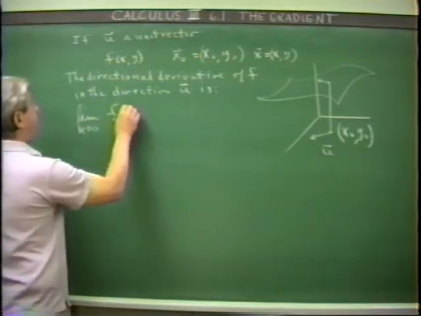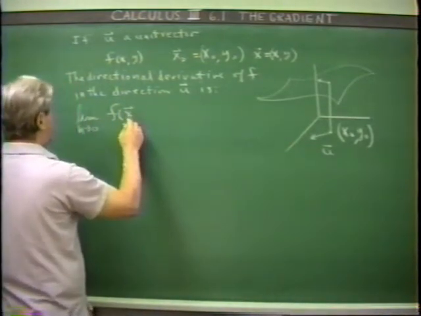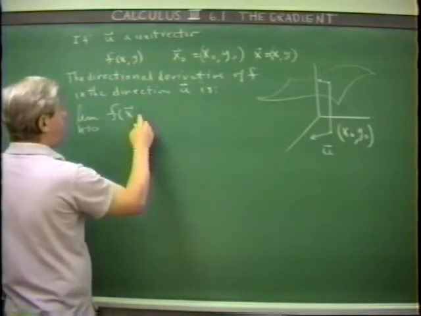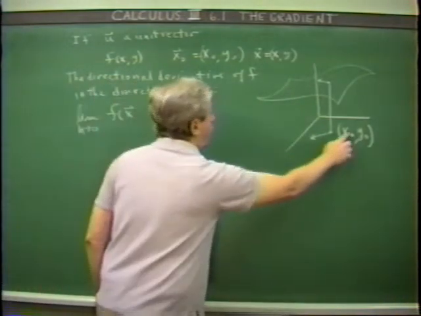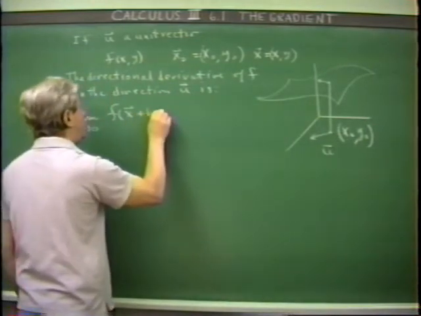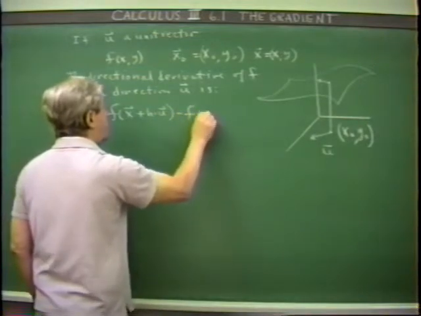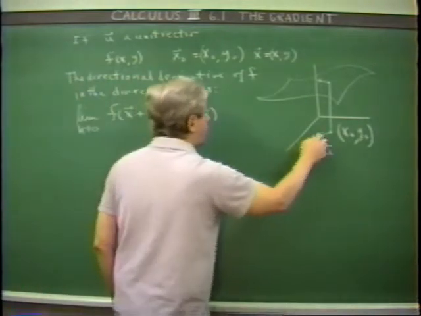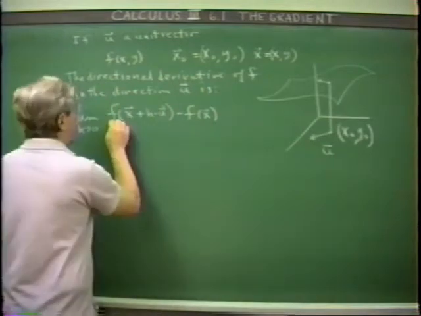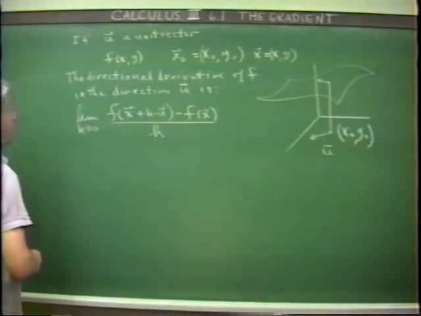So this is going to be f of x, in this case x naught if we're interested in x naught. If we're interested in a general point x, y, then f of x plus h times u minus f of x, that's the function at the point x, divided by h.